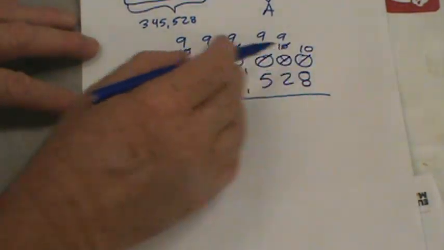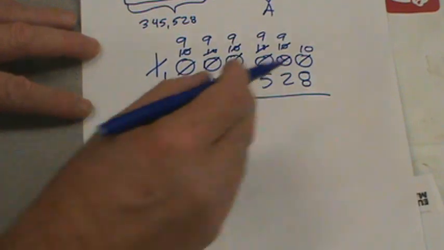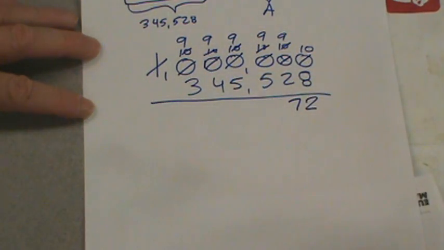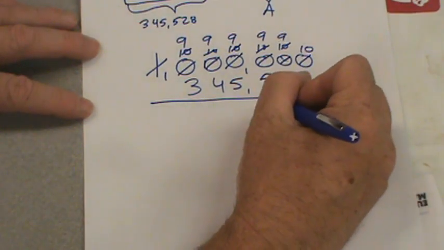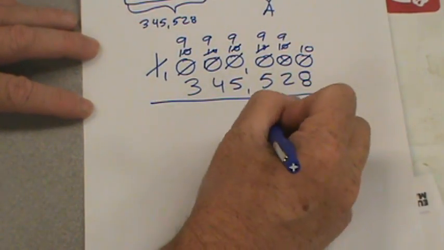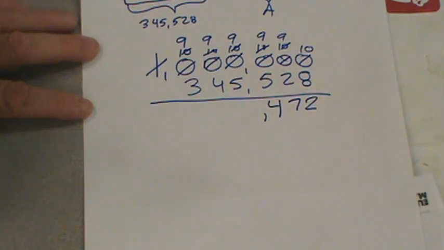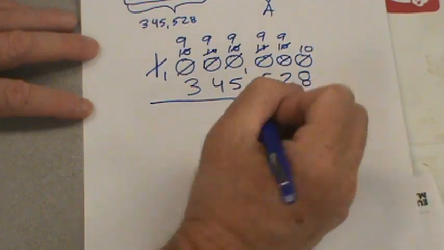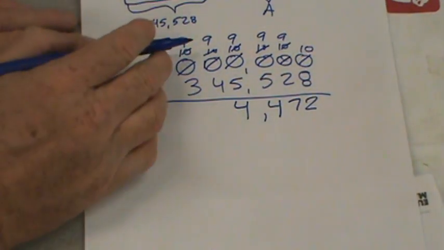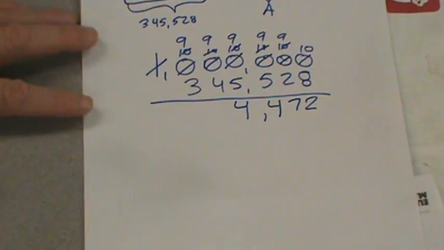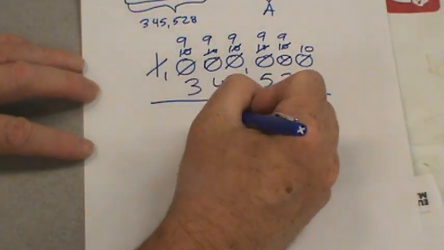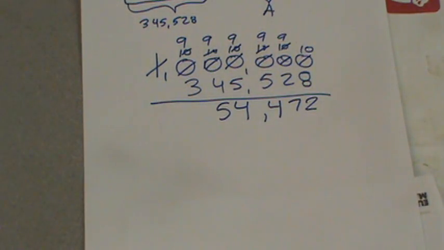All the digits are greater than these digits. 10 minus 8, 2. 9 minus 2, 7. 9 minus 5, 4. 9 minus 5, 4. 9 minus 5, another 4. Oh, reverse. 9 minus 4, 5. And 9 minus 3, 6. There is our answer.